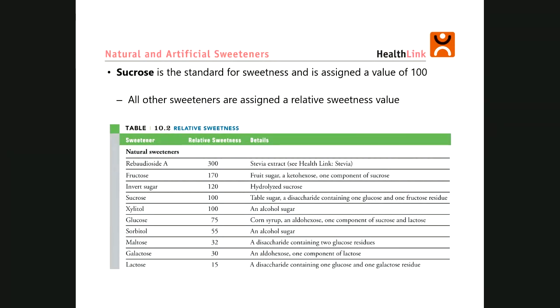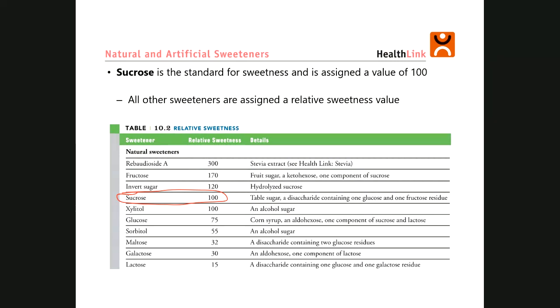Okay, so this table here is giving you some information of different substances that are out there used as sweeteners. So all of these here are natural compounds. So again, if you focus on sucrose in the middle over here, that's given a value of 100. And there's different natural compounds that we know, that we use, that we are exposed to, that have different levels of sweetness.